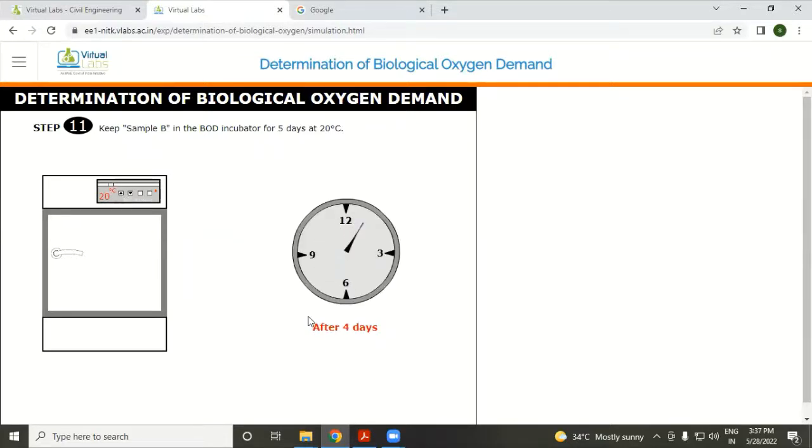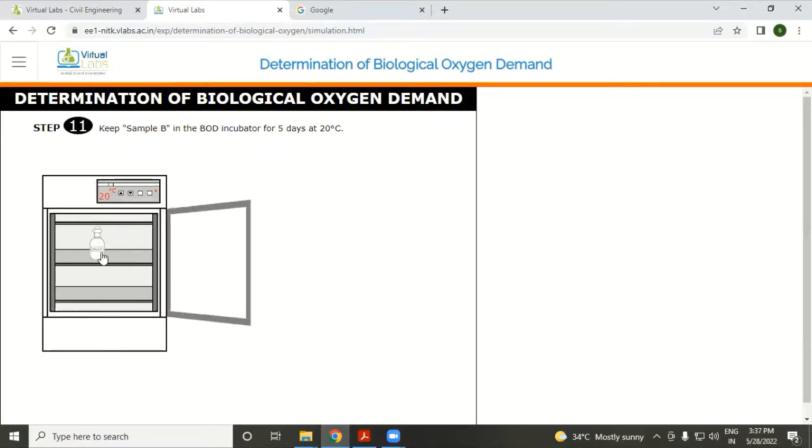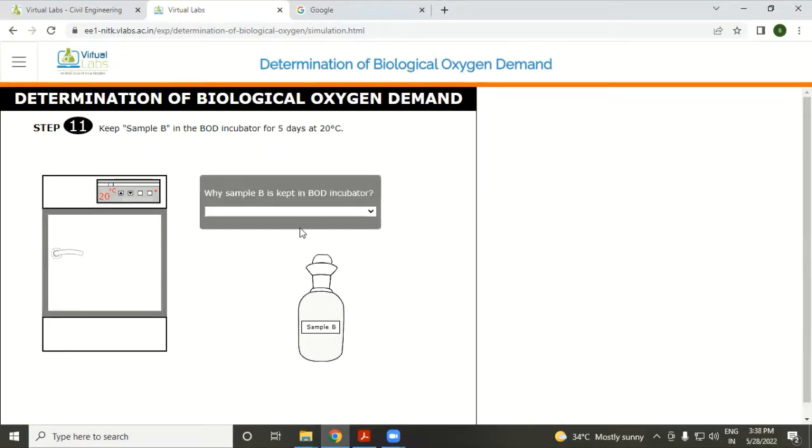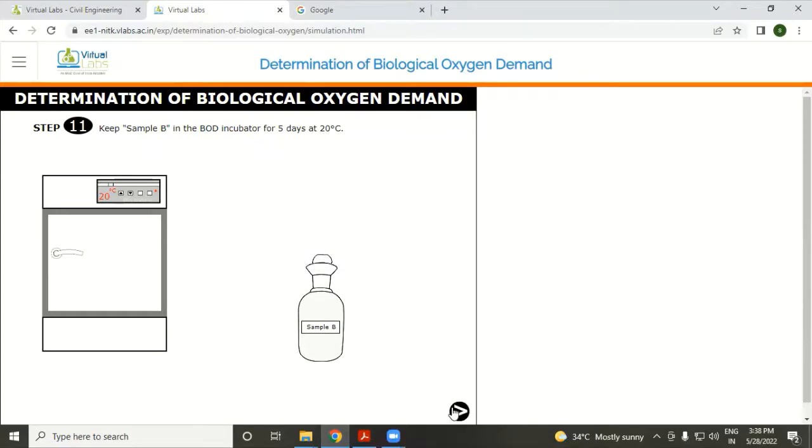After 5 days, open the door of the BOD incubator and take the bottle out. Why is the BOD bottle kept in the BOD incubator? The answer is to prevent the entry of DO.